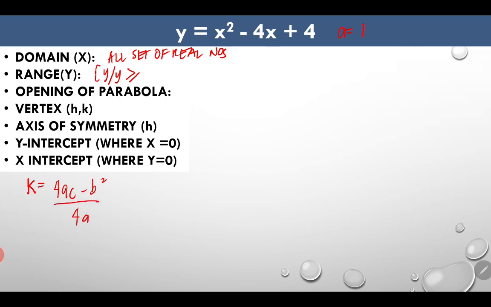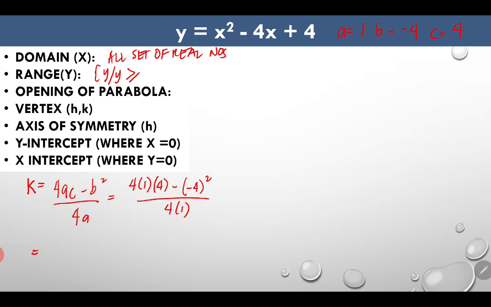So, ang a natin is 1. Ang b natin is equals to negative 4. Ang c natin is equals to positive 4. Let's just substitute the value. So, 4 times 1 times 4 minus negative 4 squared divided by 4 times 1.